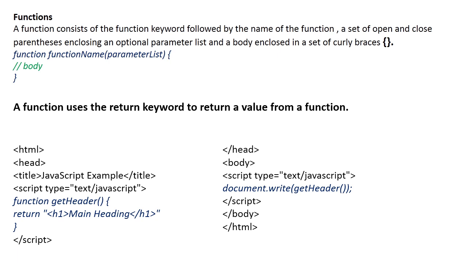And in the body part, we have another JavaScript code, that is script type equal to text/javascript, and document.write getHeader. So all this code can work. You can place your JavaScript code in the head or in the body of your page.